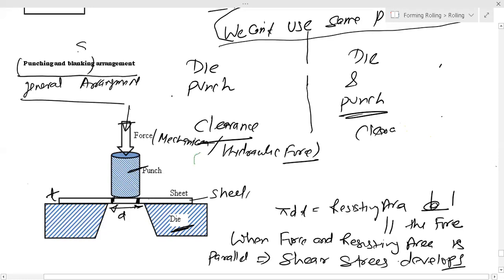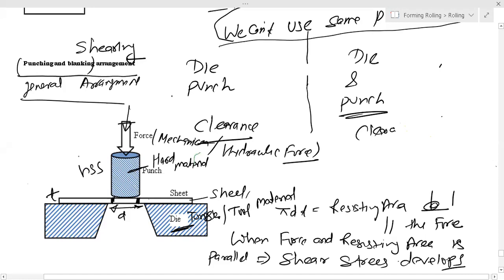In general, I can say it is a shearing operation. So you have a punch. It is made of hard material, and die is again a hard material, that is tungsten, or we can call it tool material. It may be high speed steel, or it may be cementite, carbide, CBN, right?